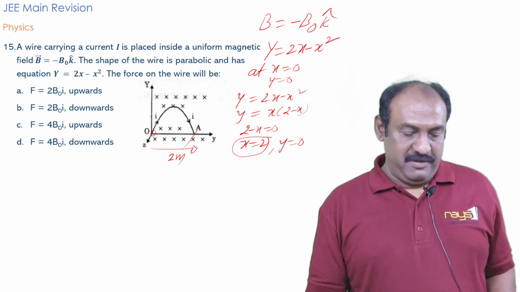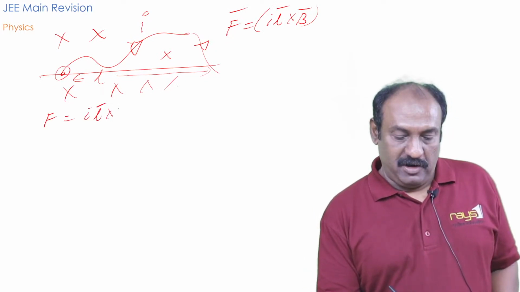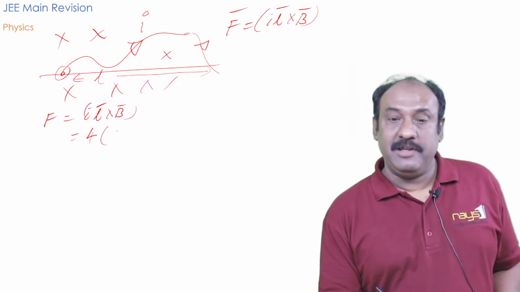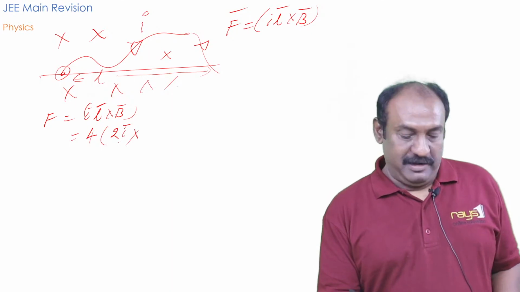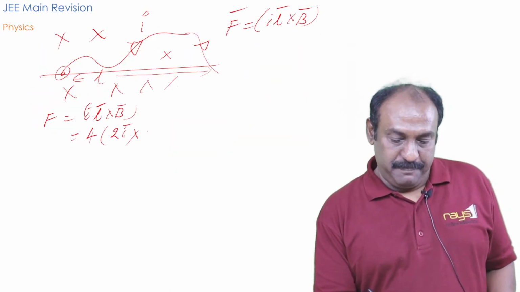So therefore F bar is equal to I into L bar cross B bar. What is I here? Only I is given, not a numerical value, see the data here. L is 2i bar cross, what is B bar here? B bar is minus B naught k cap.